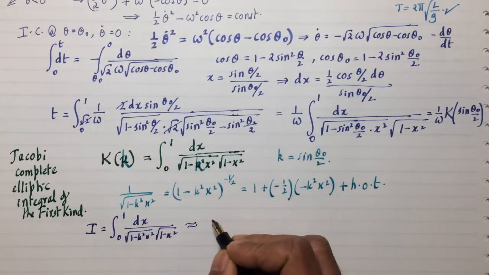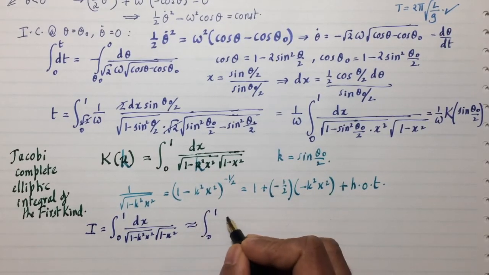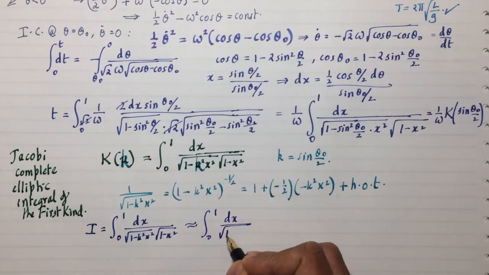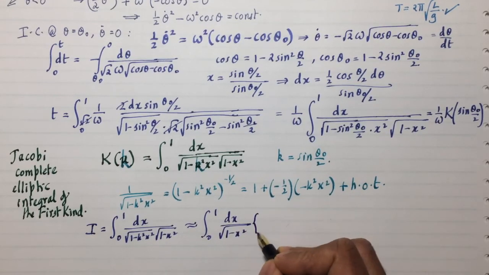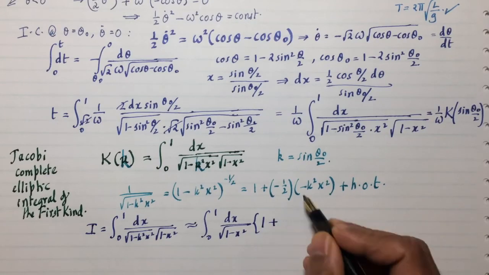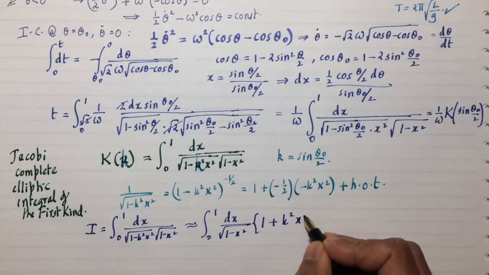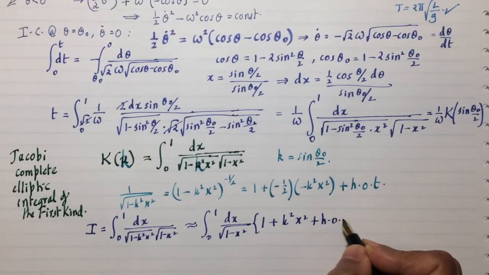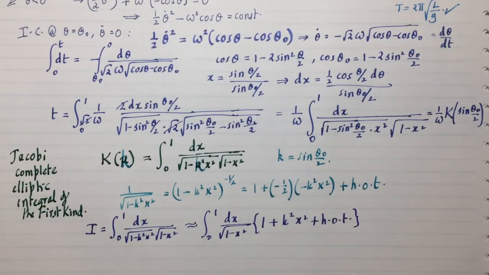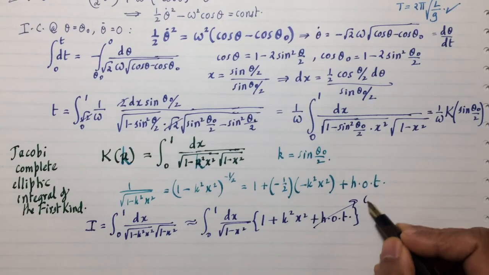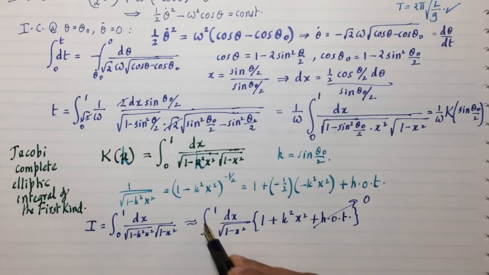And I'll say it's approximately equal to the integral from 0 to 1 dx over the square root of 1 minus x squared times 1 plus, because the minus and the minus become plus, k squared x squared plus higher order terms, which I won't bother with. Because I'm omitting the higher order terms, I put this approximate sign.